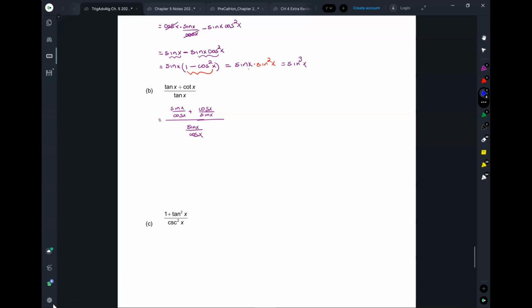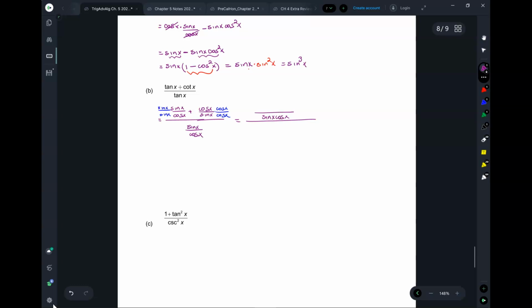I need to make them the same denominator. So I'm going to multiply each fraction by the denominator of the other one. The first fraction, I'm going to multiply by sine x over sine x. And this one, I'm going to multiply by cosine x over cosine x. Do you see how now the two of them have the same denominator? And that denominator is sine x cosine x.